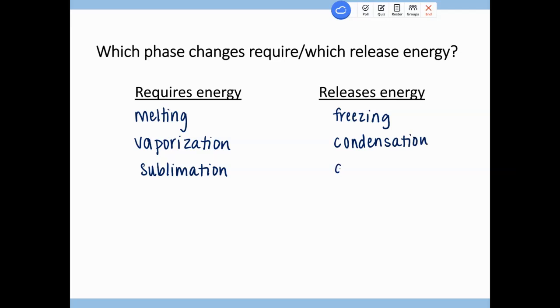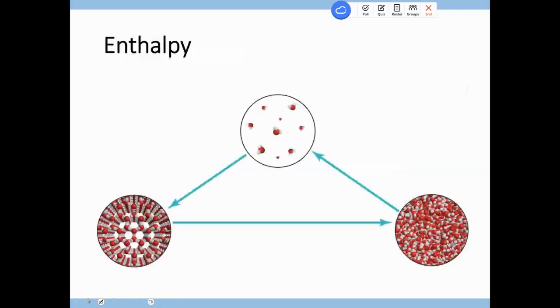And then gas to solid, deposition, also releases energy. So we have terms to describe these phase changes and the energy required for a phase change to occur.